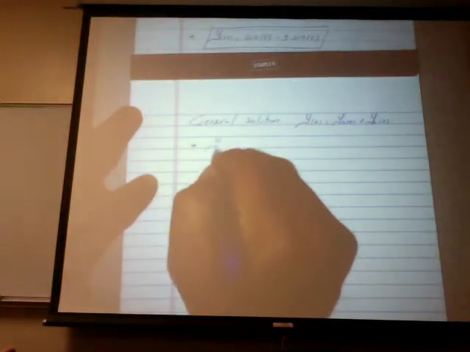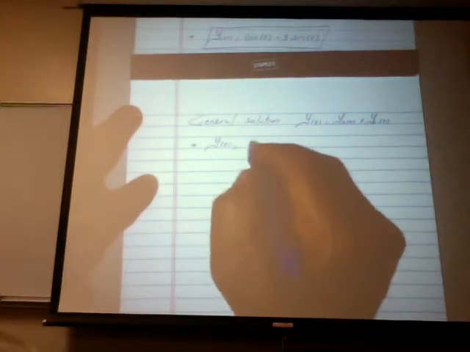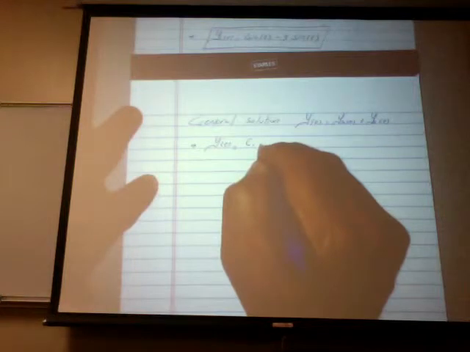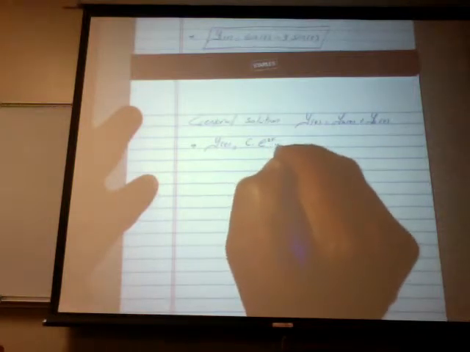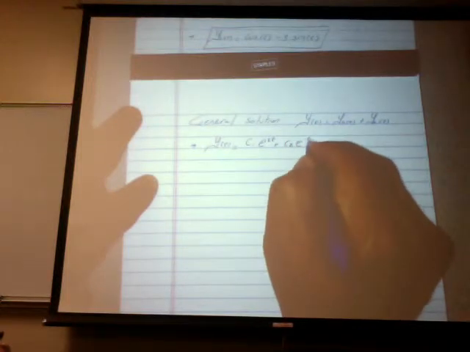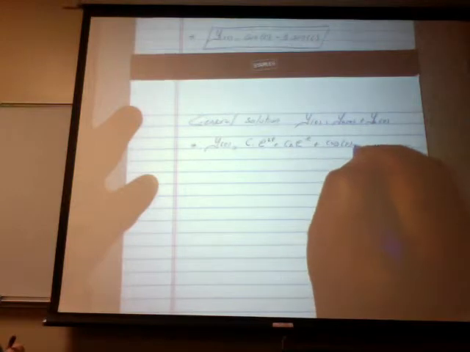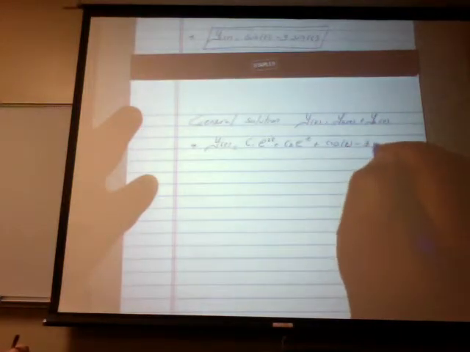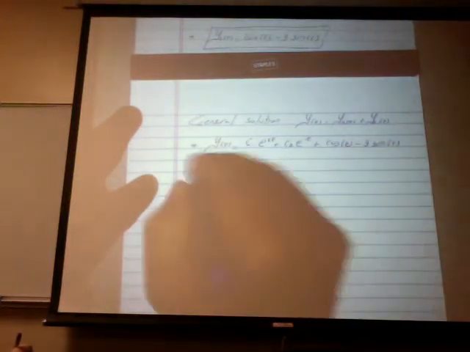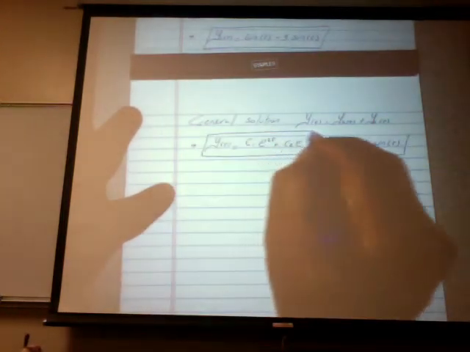Therefore, y of t is equal to, what we find for the homogeneous was c1 e to the 2t plus c2 e to the minus t, and the y specific is the cosine of t minus 3 sine of t. There we go.